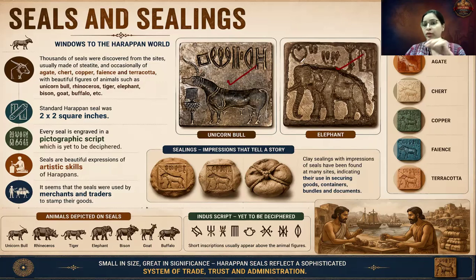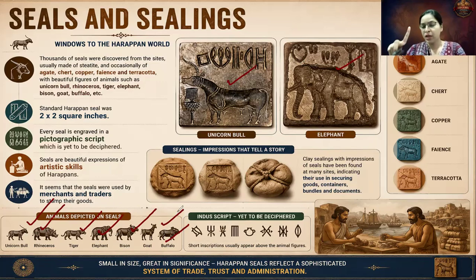So this hints that once upon a time that entire area was an evergreen area where elephants thrived. Apart from that, we also find animals like rhinoceros, Indian bull, tiger, elephant we have already discussed, bison, goats, buffalo. All these animals are depicted on the Harappan seals.